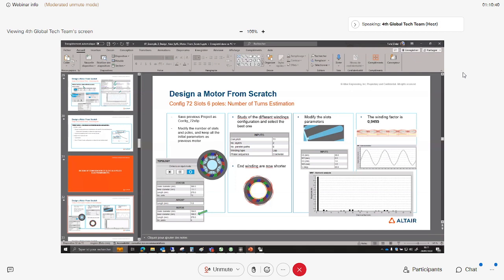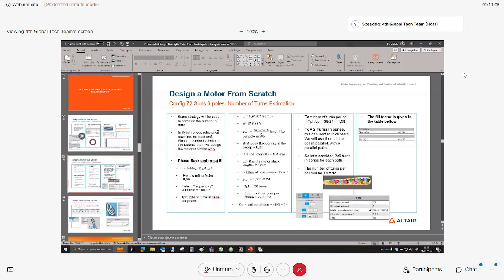Once we have this, we have to keep more or less the same width of the stator tooth. It means that we will have smaller slots, but it's not a problem. Then we need to compute once again the number of turns, with the same work as previously, the same strategy.